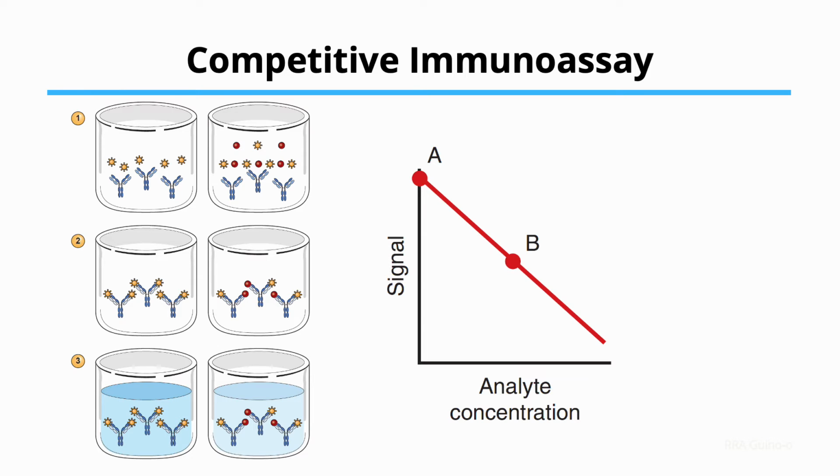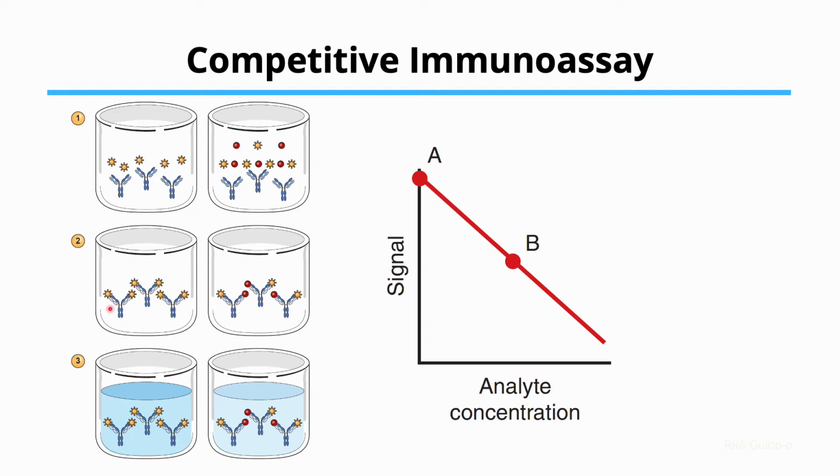In this figure, you can see a demonstration of what a competitive immunoassay is. We have 2 setups. On the left are setups without the patient antigen, and on the right are setups with the patient antigen. So let's look at the steps one by one. So all the antigens are added to the test tube or the reaction vessel.